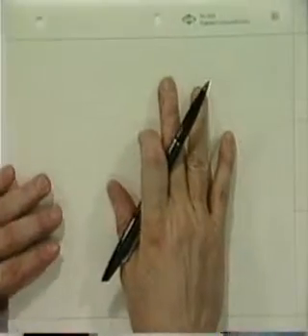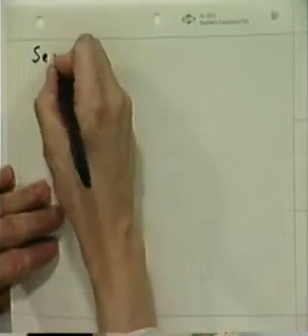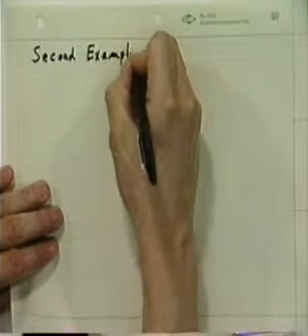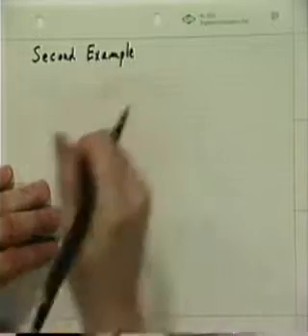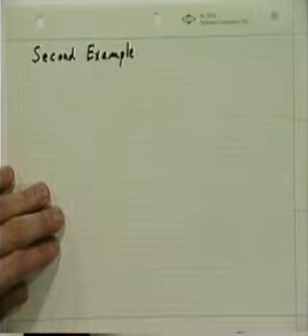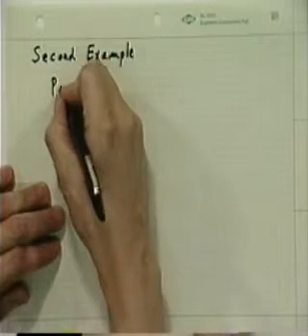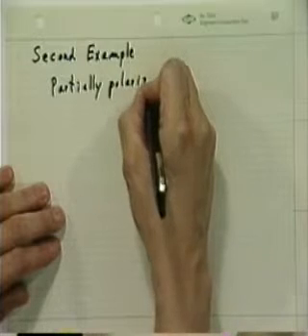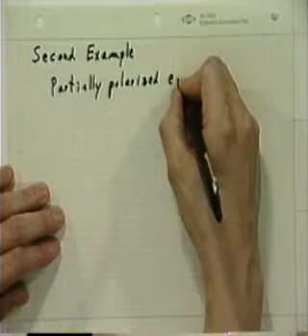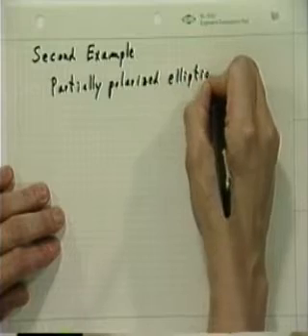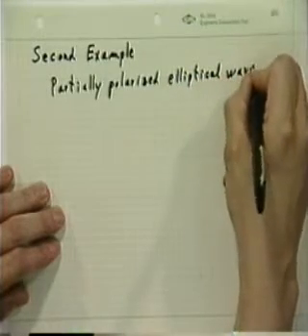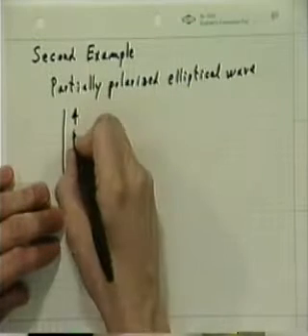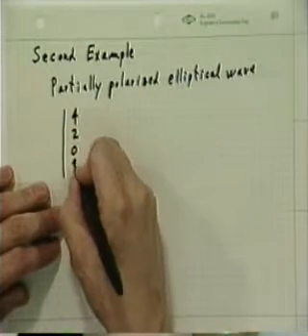Okay, second example. Let's say we have a partially polarized elliptical wave. And we can write that down here, 4, 2, 0, 3.